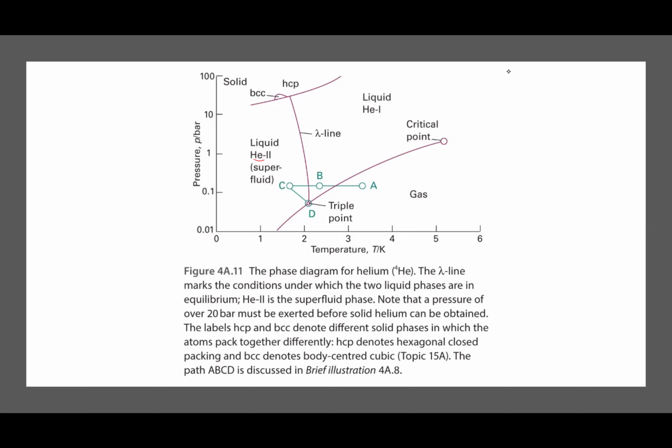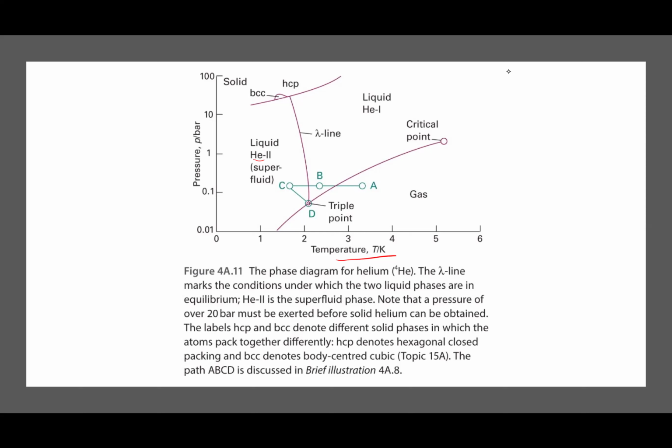And look at the temperatures, so very low. But a pressure of over 20 bar has to be exerted before solid helium can be obtained. And we also have 2 different phases of solid here. We have this body-centered cube and this hexagonal close packing, different crystal structure types, basically, that happen in here.